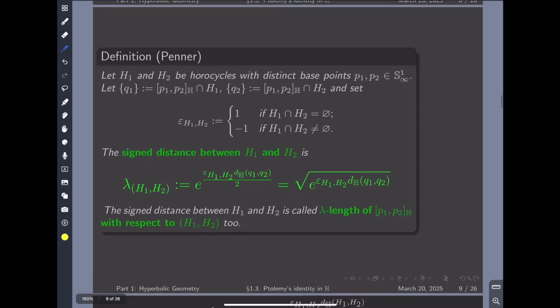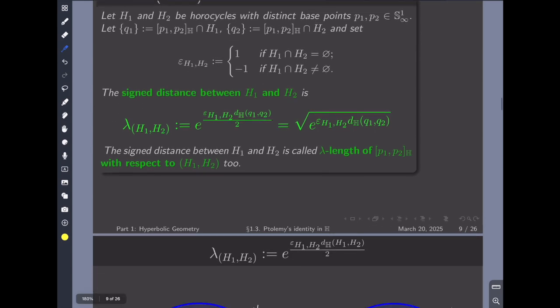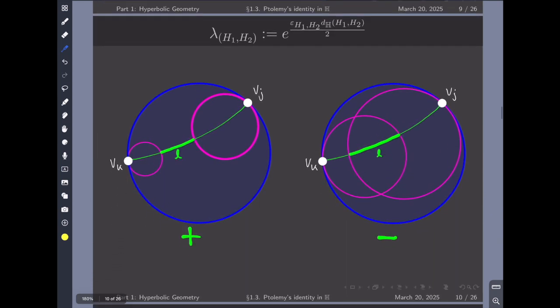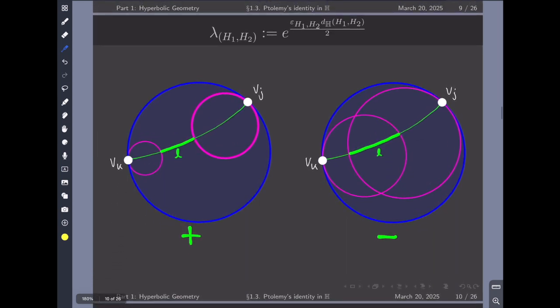Okay, now the definition of signed distance between two horocycles. Let me go to the next one, because maybe with a picture it is better. Here, instead of BK and VJ, I really need to say P1 and P2. So let me write P1 and P2.